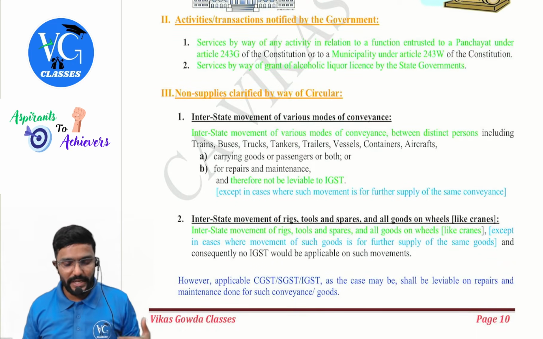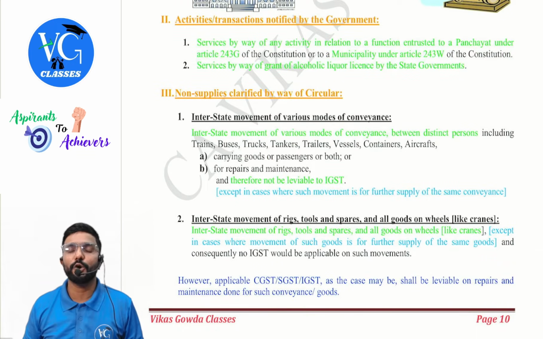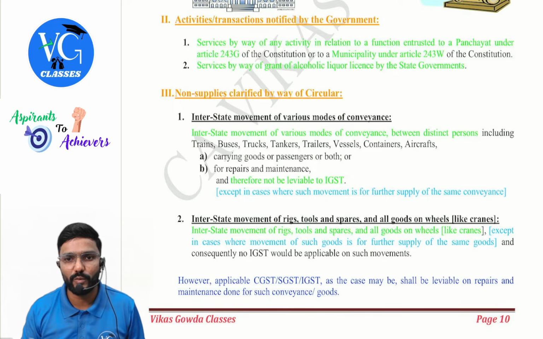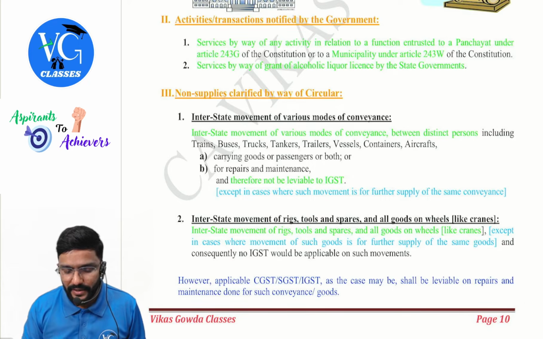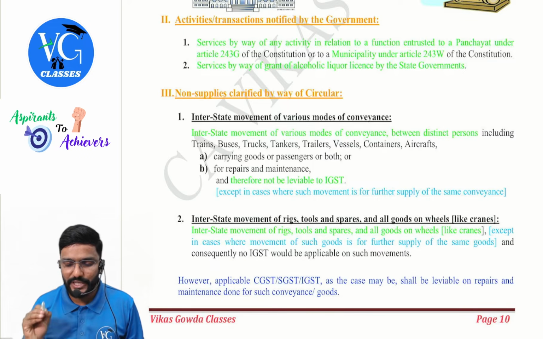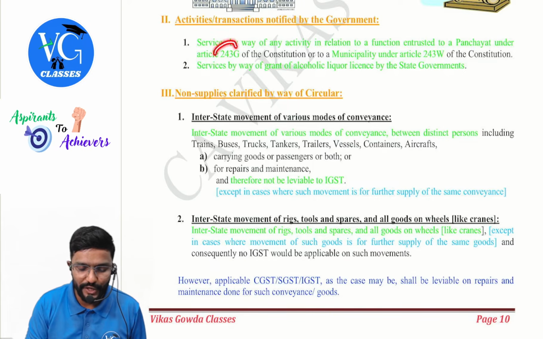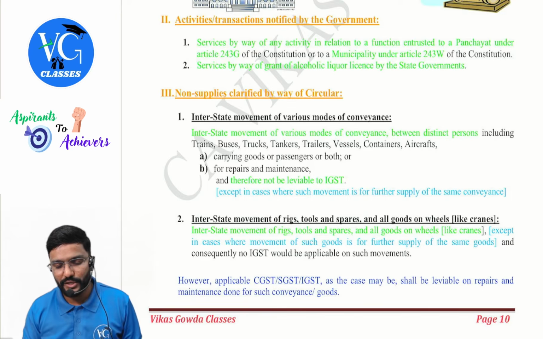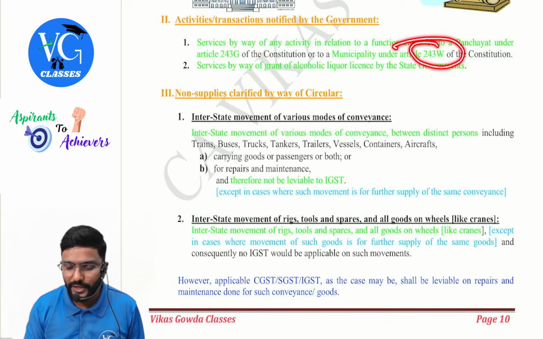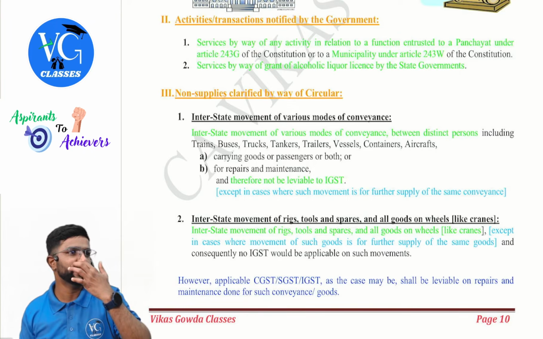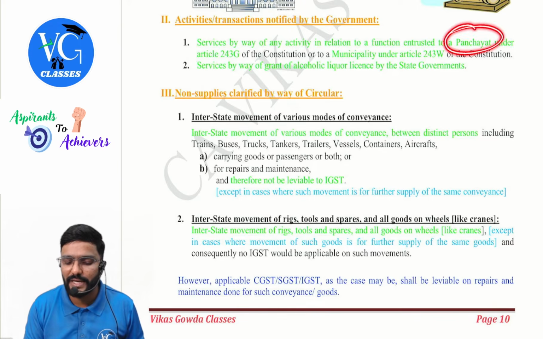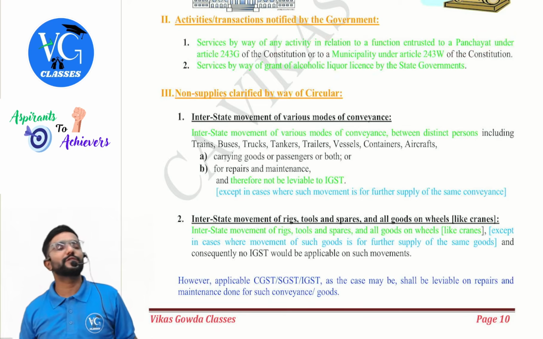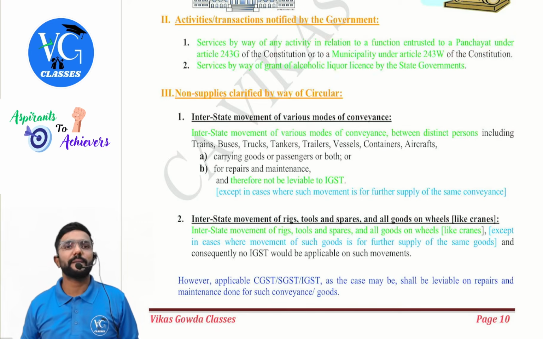Second one, activities or transactions notified by the government, and the government has notified a few. What is it? Services by way of any activity in relation to a function entrusted to a panchayat under Article 243G of the Constitution or a municipality under Article 243W of the Constitution. Guys, in the Constitution, whatever work has been assigned to panchayat and municipality, if they are doing it, is it a supply?